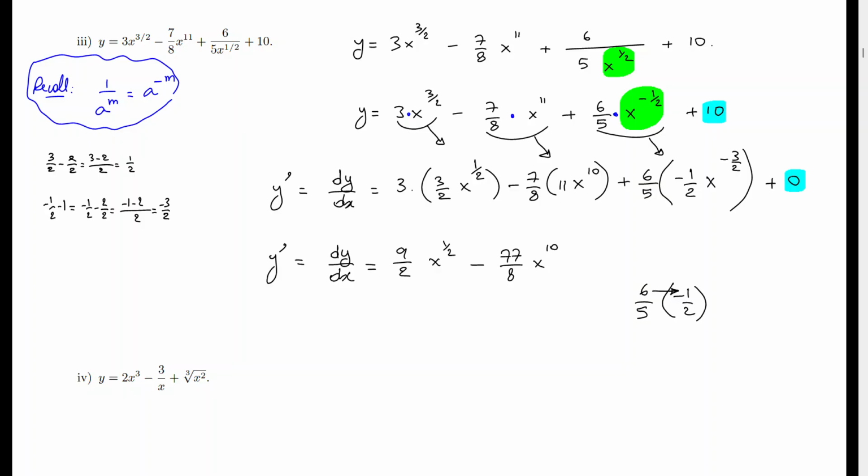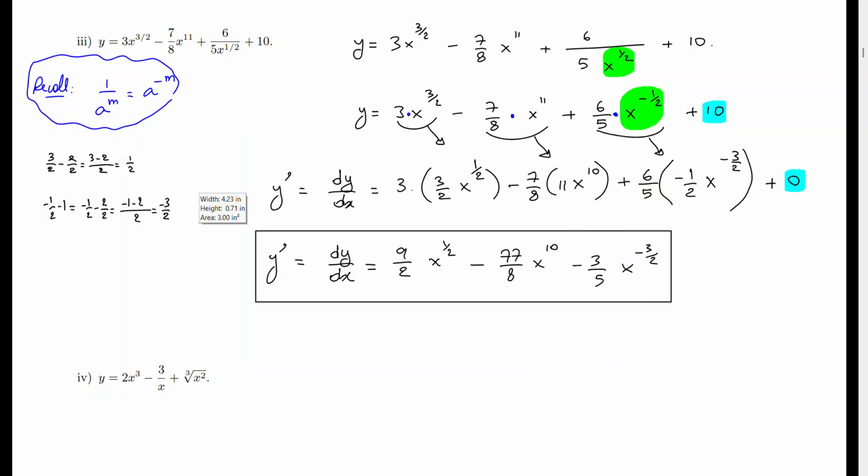Again, you can go straight across, but this time I prefer to divide the 6 and the 2 by 2 to make the numbers a little bit smaller first, and then I'll multiply straight across. So I'm going to end up with -3 all divided by 5 times 1, which is just 5. So -3/5, and x to the power of -3/2 is the second part of that term. And that's it. We are finished with the problem, and we can now move on to the next one.